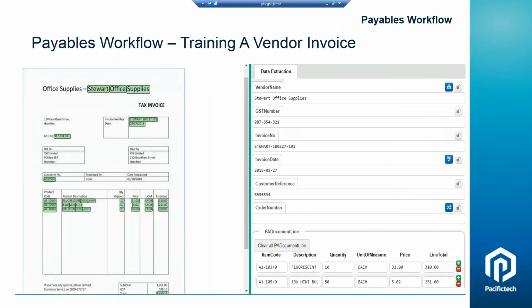So it's better and cheaper, which is always quite good. It will work out a lot of these fields for you on the first invoice, but it probably won't get them all right. So then the users need to train it, and that's very easy. You just click on the field on the right-hand side, drag your cursor over the field on the left-hand side, and if you do that for 5 invoices, then that invoice vendor will be trained.